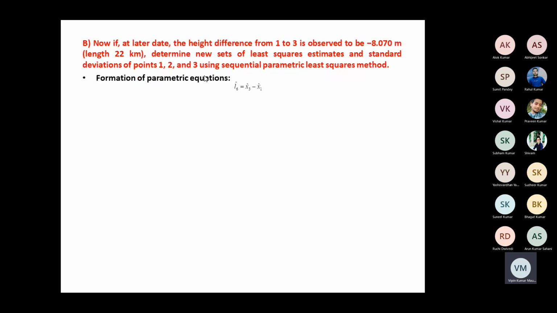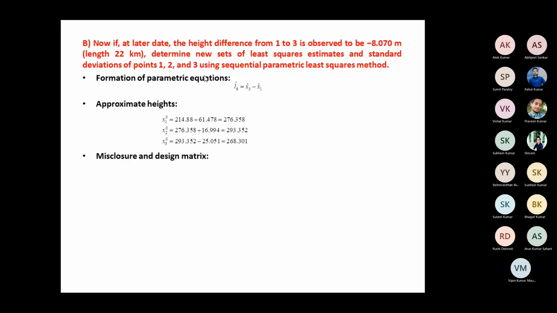For the new case, when you have a new observation, it will be like L6 equal to x3 minus x1, because the height difference was given between 3 and 1. If you calculate the approximate height, it is the same, because x1, x2, and x3 come from the same equation. You can compute the misclosure for this new single observation: W2 equal to F2(x0) minus L2.